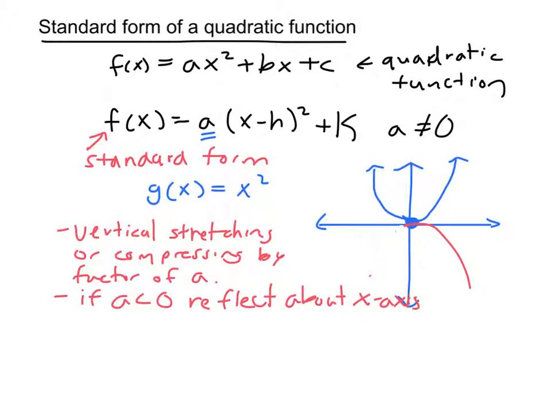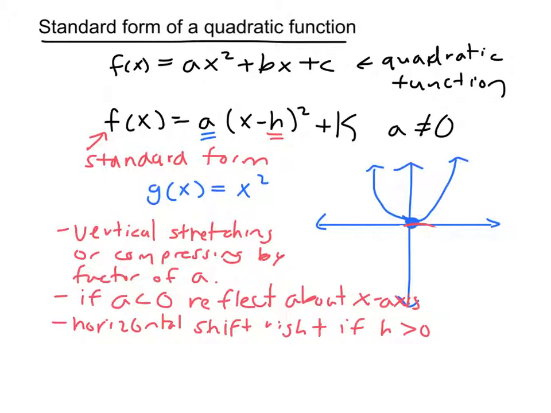I'm going to erase that. I just wanted to show that. What else is going on? There's also a horizontal shift right if h is greater than 0, and if h is less than 0, then it's a shift left.